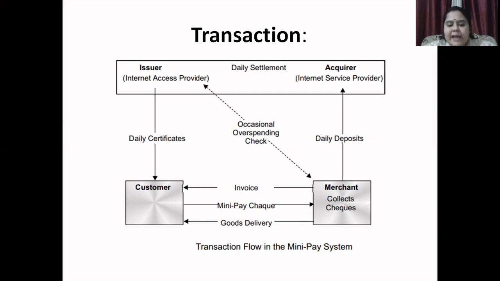Next, at the end of the day, the merchant sends the aggregated payment orders to the acquirer for clearing. The acquirer aggregates the payments of its merchants and submits them to the issuer for clearing.